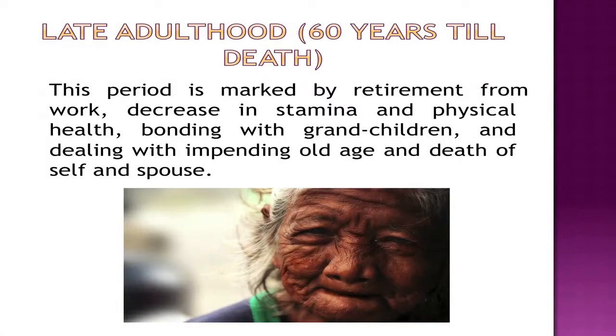The last stage is late adulthood. It ranges from 60 years till death. This period is marked by retirement from work, decrease in stamina and physical health, bonding with grandchildren and dealing with impending old age and death of self and spouse.